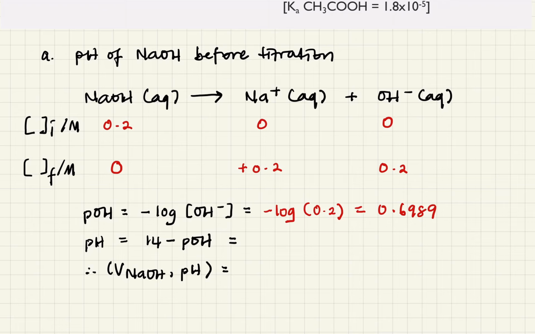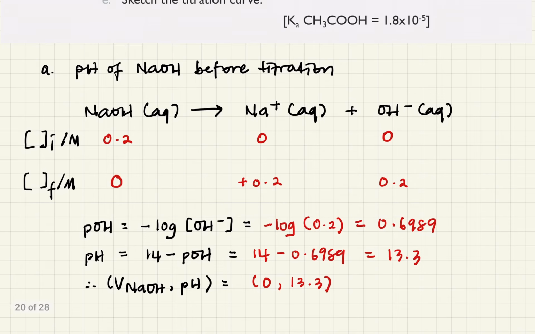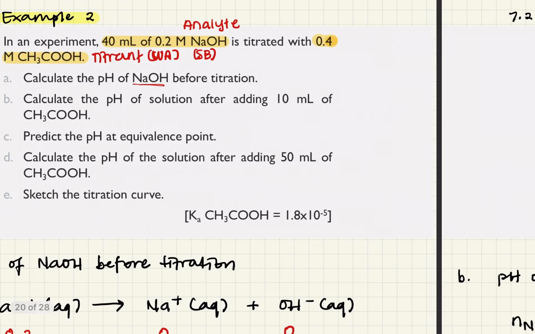Then 14 minus that, you will get 13.3. So when 0 volume of acid is added, your pH will be 13.3. Okay, A done.